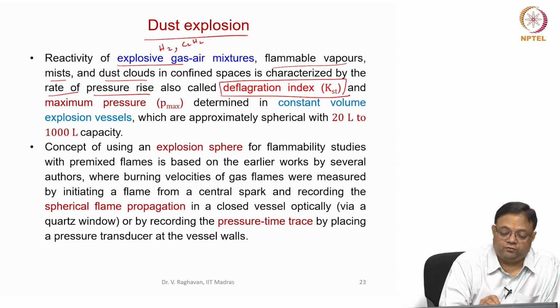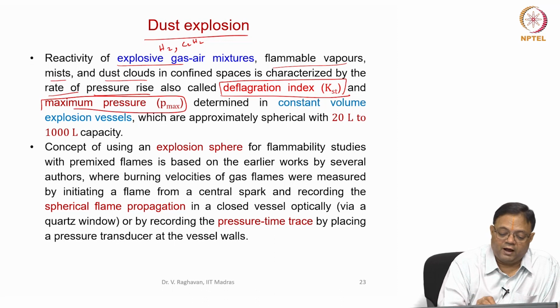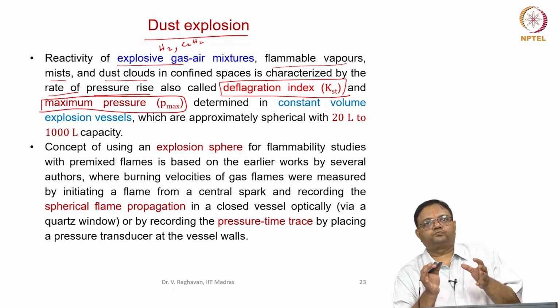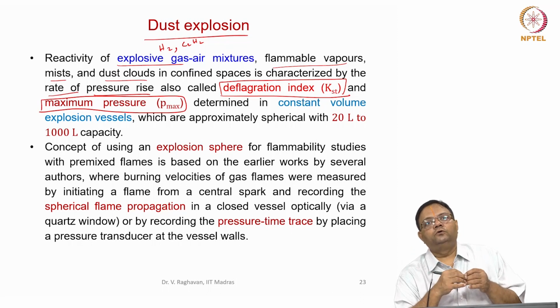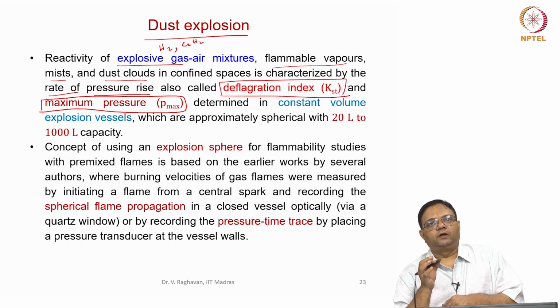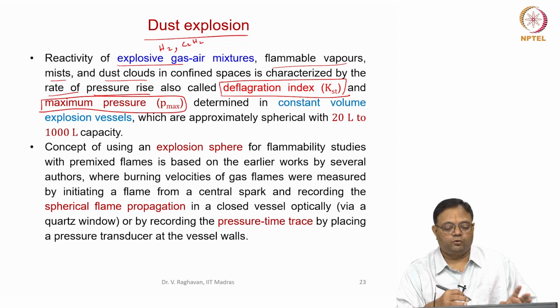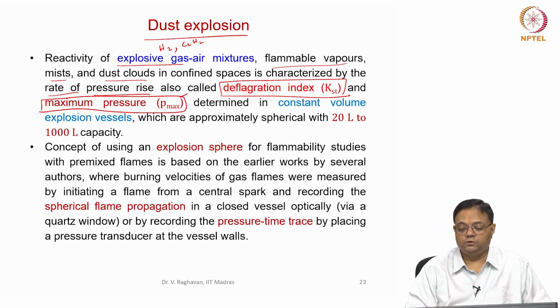The second one is the maximum pressure reached for a given configuration. That is, what is the volume, what is the initial temperature of the mixture which is present, or cloud temperature, or what is the equivalence ratio, etc. That will contribute to P max.